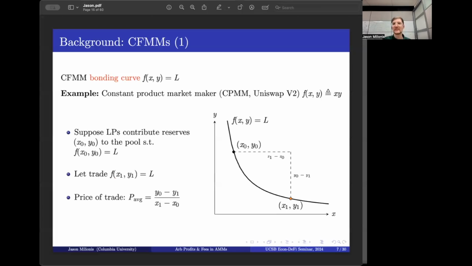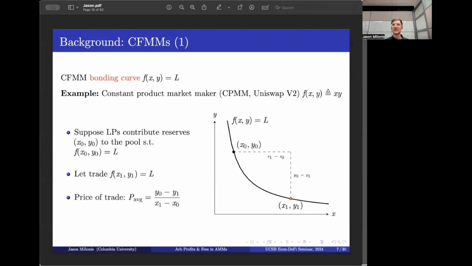This means that they're going to sell to the pool some risky asset, x1 minus x0, the difference between the two states, and they're going to get from the pool the respective difference in the vertical axis. So that is y0 minus y1. So the average price that the trader ends up paying for this trade is going to be the ratio between the difference of these two quantities.